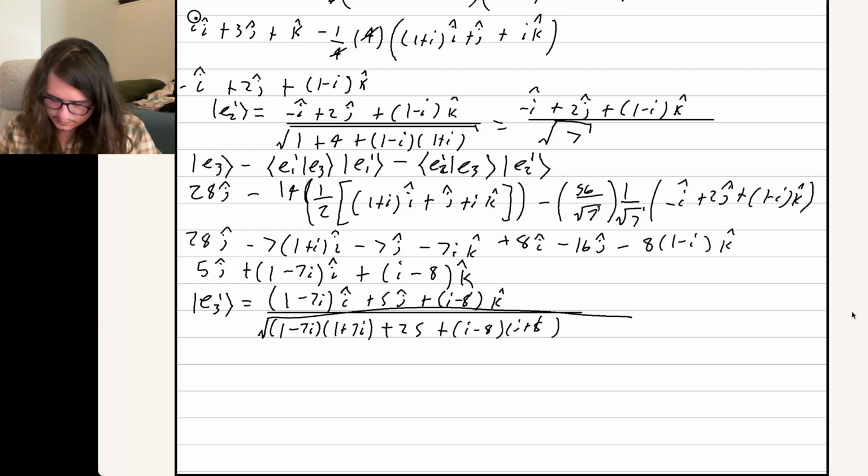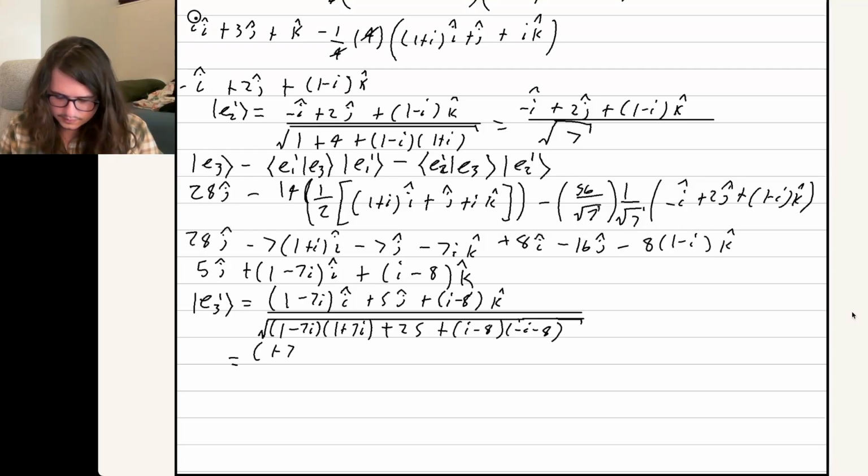Or it's not the 8s that switch the signs, it's the i's. So it's i minus 8 times minus i minus 8. Yikes. But yeah, looks kind of like that.